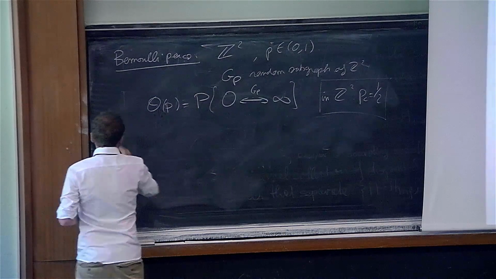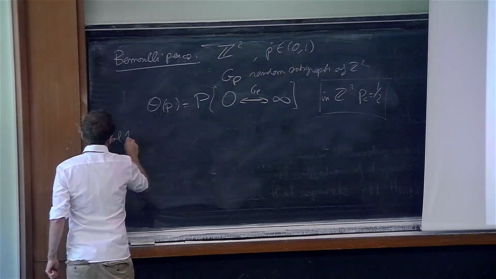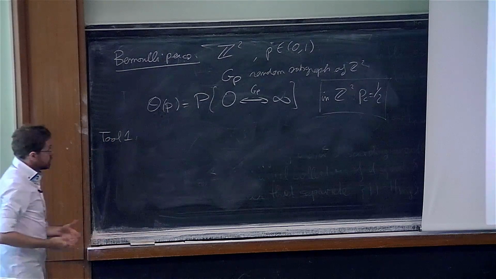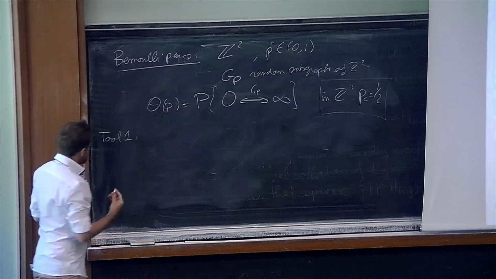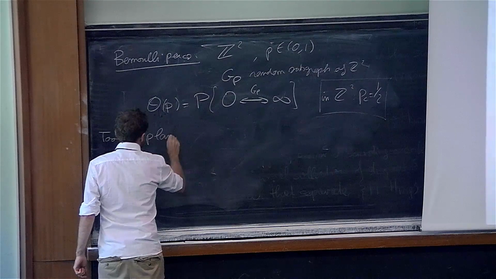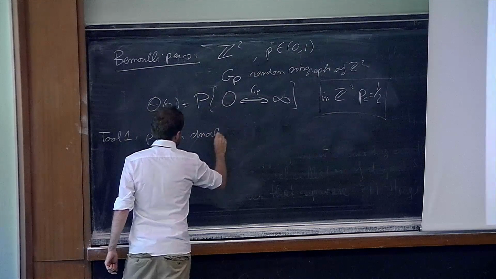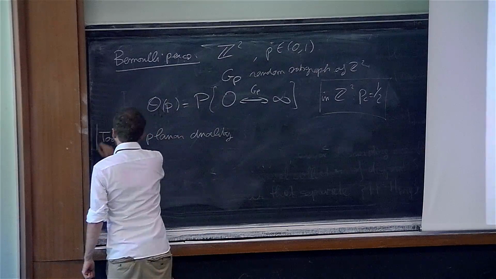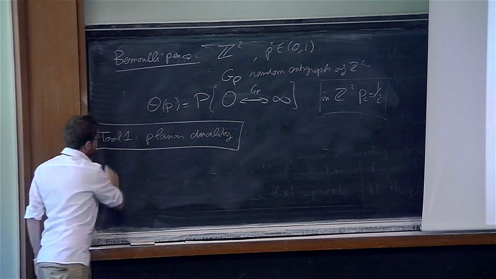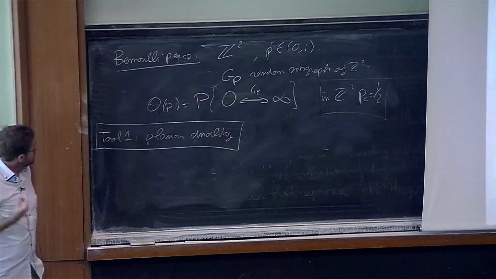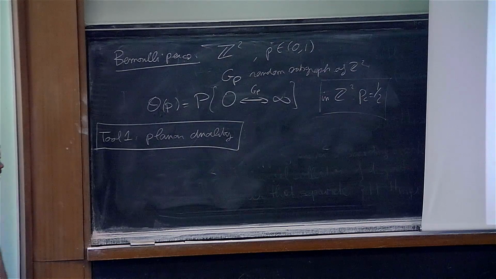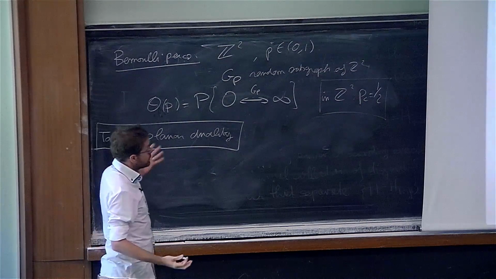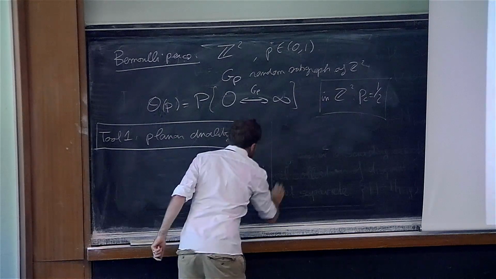So here's tool number 1. Tool number 1 is known as planar duality. So what's planar duality? Well, if you have a graph that is drawn on the plane, so here is Z2.